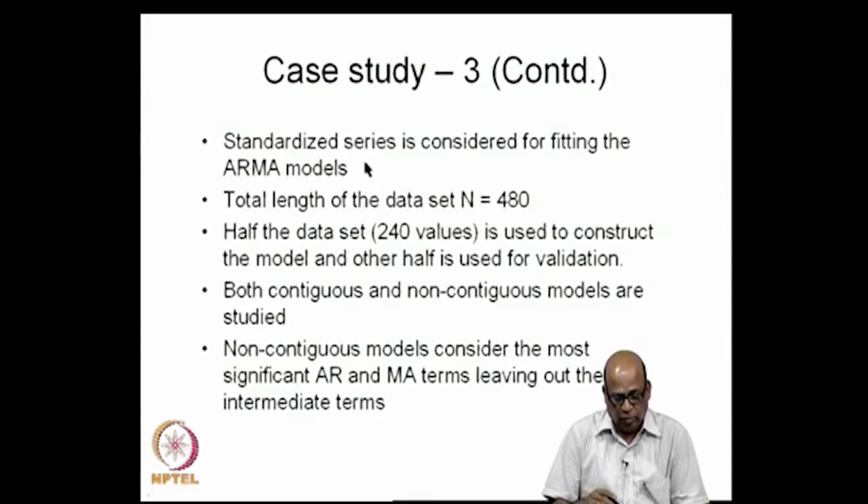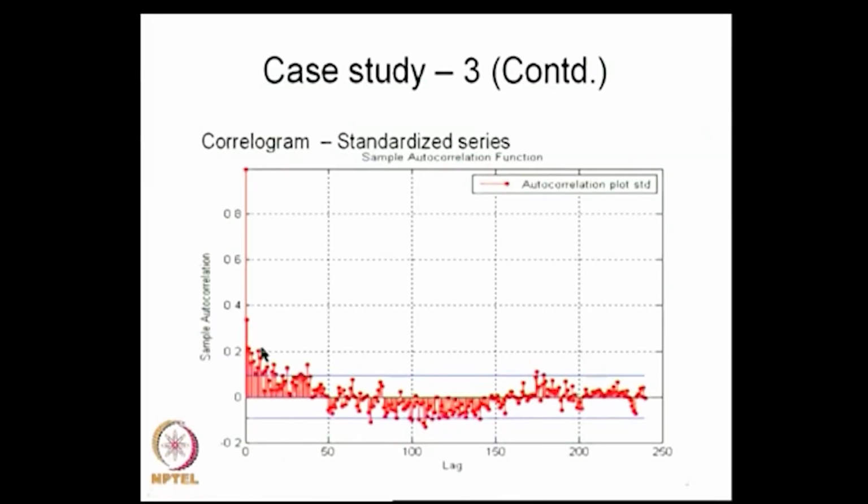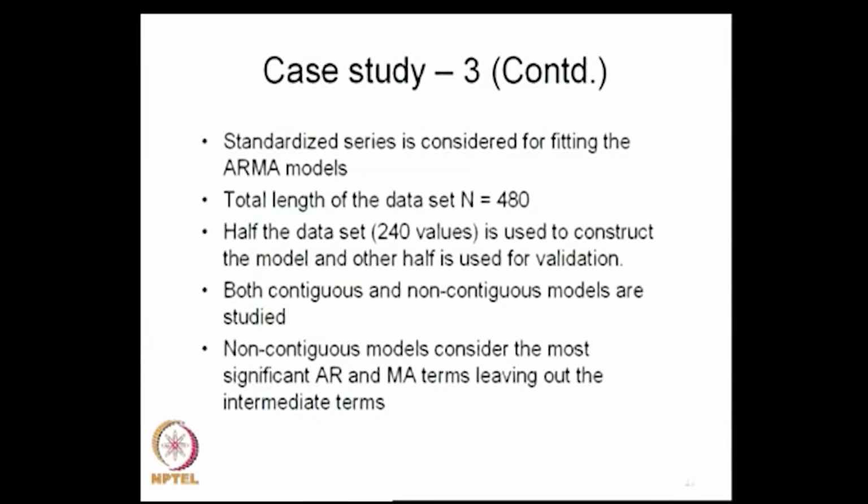So, what we now do is that we have removed the periodicities, but there are certain significant correlations present in the data. We now use the standardized series, using the fact that it does not have any significant periodicities present in the data.